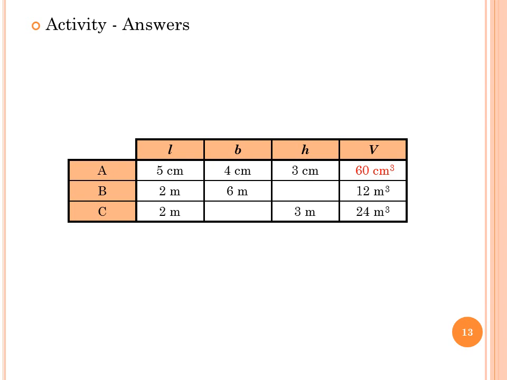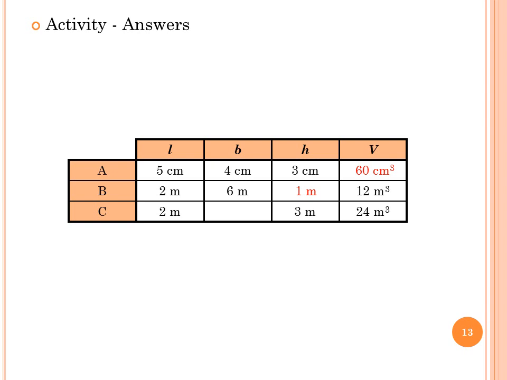Let's move to container B. The length is 2 meters and the breadth is 6 meters and the volume is 12 cubic meters. So you all know 2 into 6, 12. When you divide the volume, 12 cubic meters, by 12, you will get the height as 1 meter.